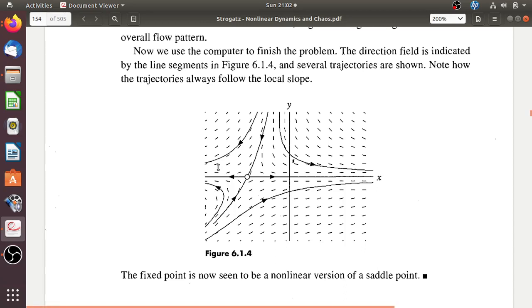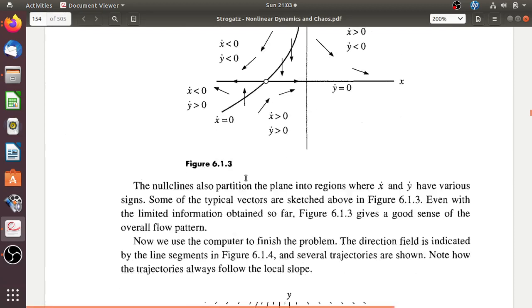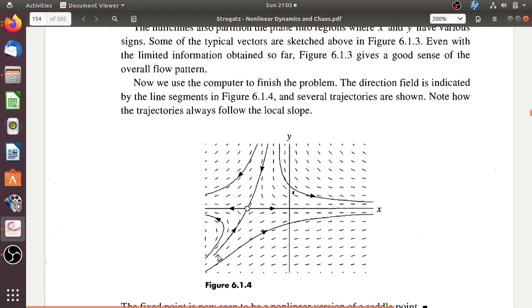In this phase portrait, people will make an easy mistake, which is considering this line, which is exactly going towards the equilibrium point. People consider that line as a null line. That line is not a null line, and this line is very different from that line. See, this is a saddle node. In one direction it's going in this manner, and along another trajectory it's going towards the equilibrium point.